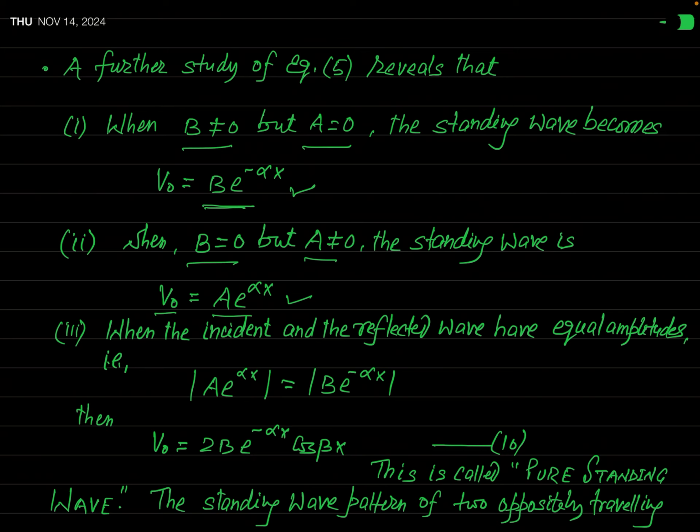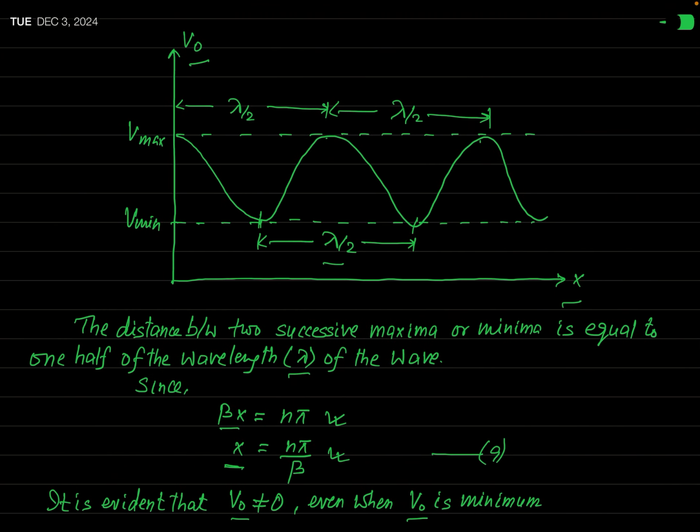And as I have told you earlier, if the amplitudes of the incident wave and the reflected wave are equal, that is, modulus of A e to the power alpha x and modulus of B times e to the power minus alpha x are equal, then what will V naught be? You can see this equation 5.